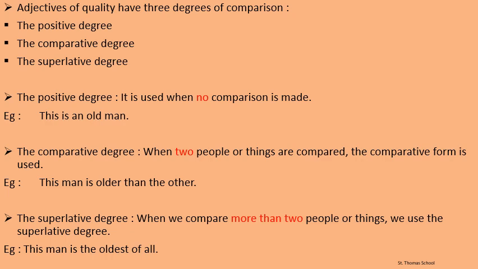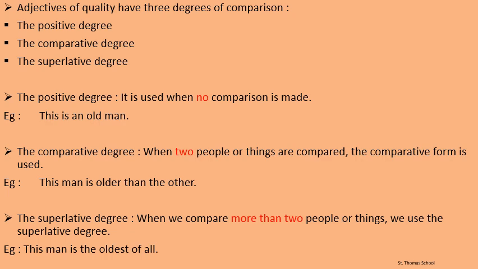When the positive degree is used, there is no comparison in the sentence between nouns or things. When the comparative degree is used, the comparison between two persons or two things is done. Keep in mind the word two. And then the superlative degree is used when the comparison is between nouns and things which are more than two.